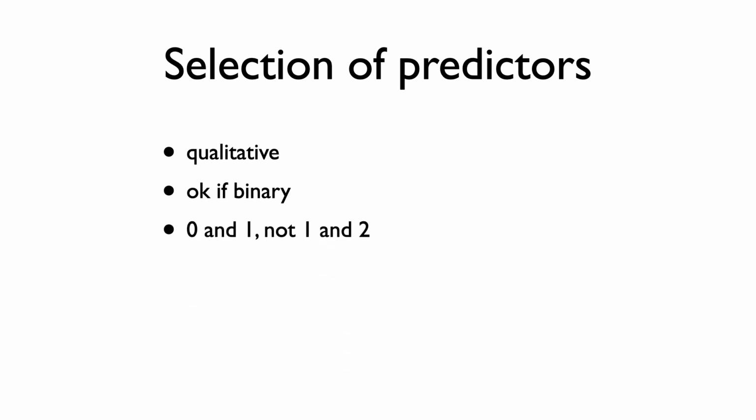Now, it's got to be zeros and ones and not ones and twos, because yes is not twice a no. Let's say 2 was yes and 1 was no. 2 no's don't make a yes, or 2 yeses don't make a no if you want to go the other way. So we can't use ones and twos. You have to use zeros and ones.